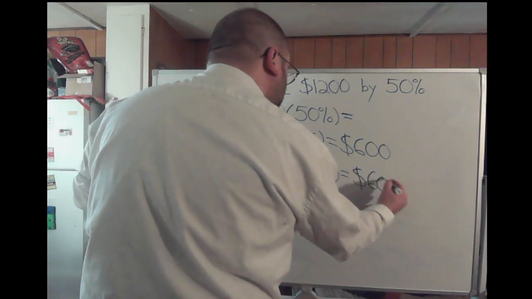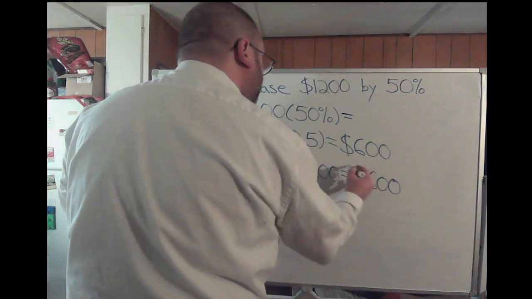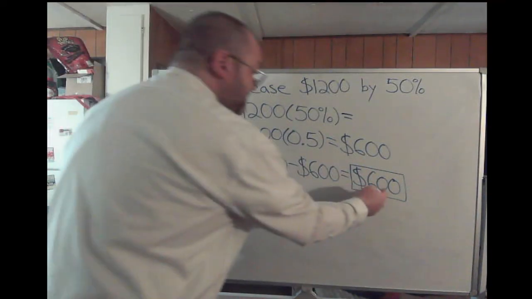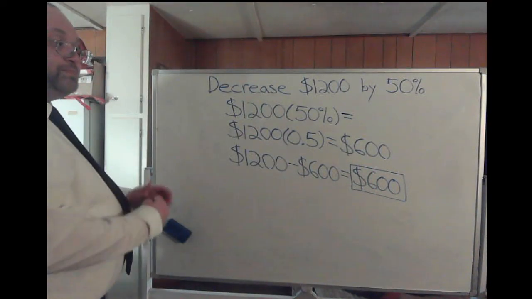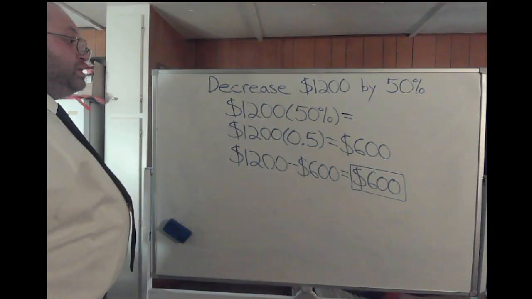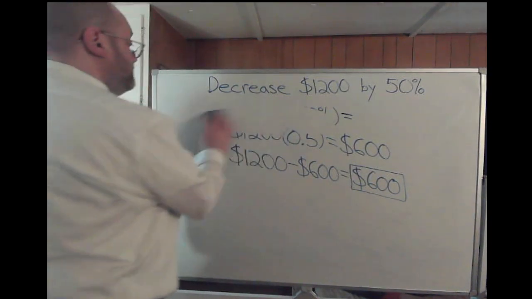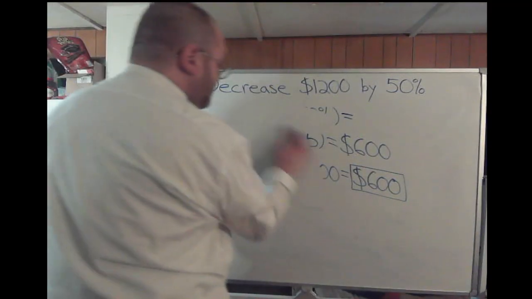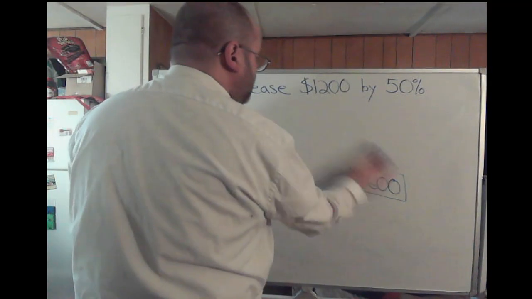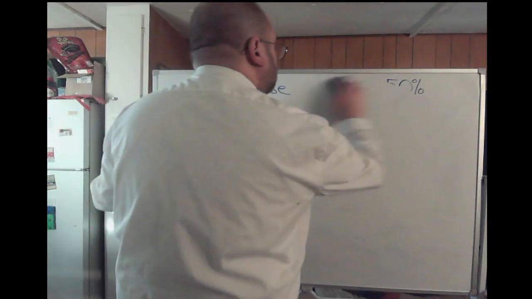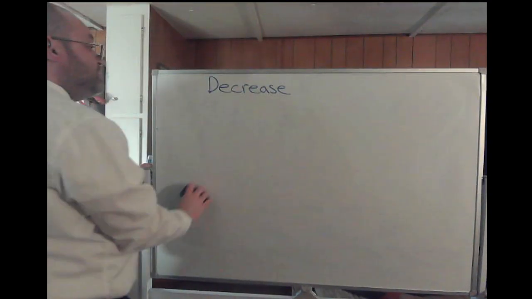So if you decrease that $1,200 by 50%, you're only going to be spending $600 every month. Which, in the times we live in now, might be useful for us to think about tightening up our belt and our spending.